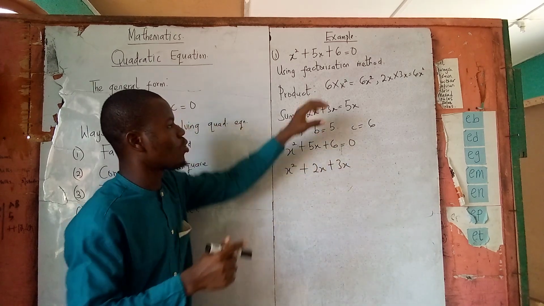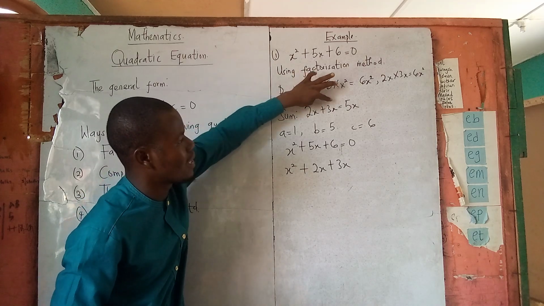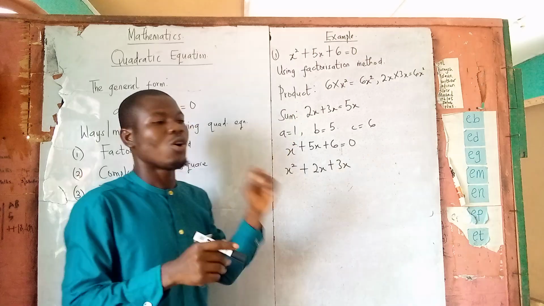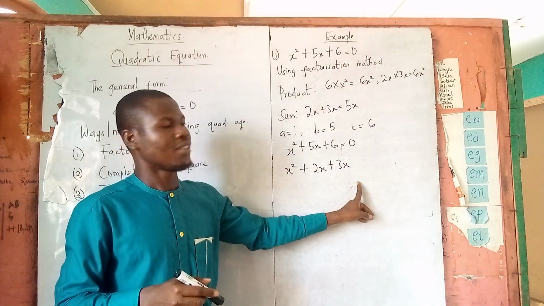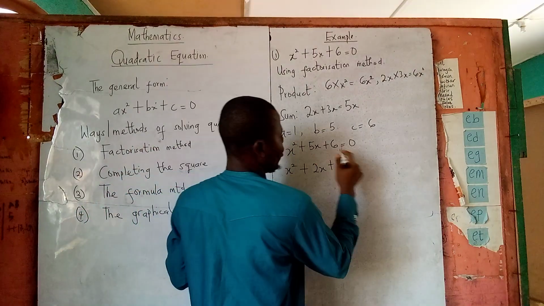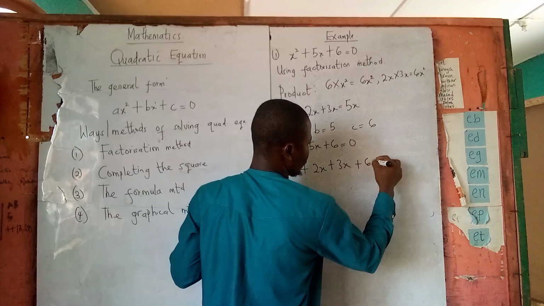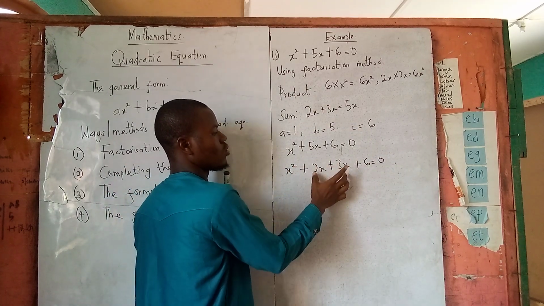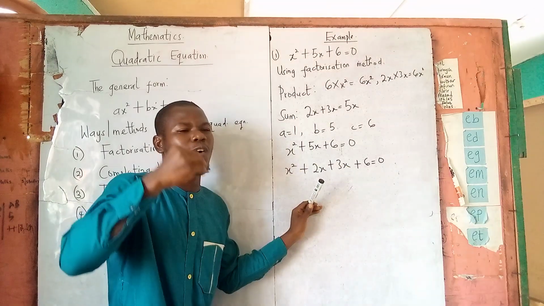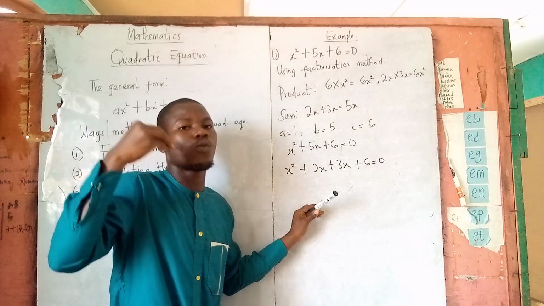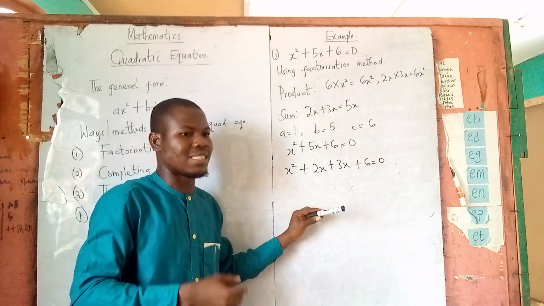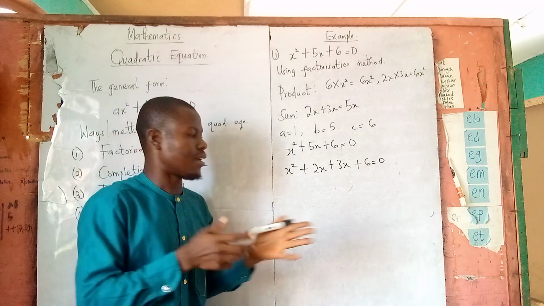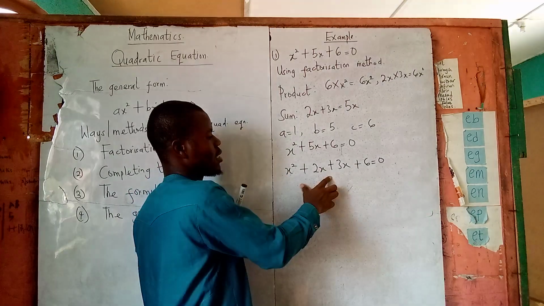We are using 2x plus 3x because if we multiply 2x by 3x, it gives us 6x squared. That's why the method is called factorization. We are looking for the factors of the constant, so we are simplifying the equation further.